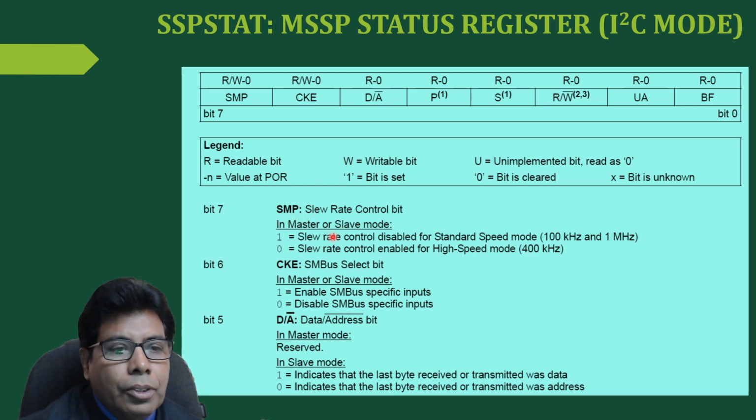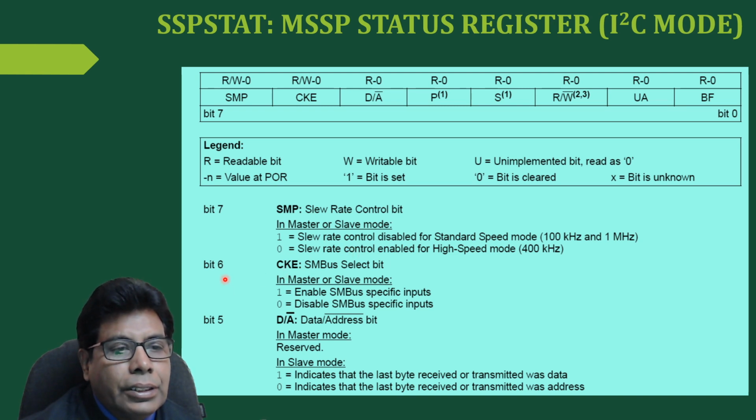So in both the modes, master or slave mode, 1 means the slew rate control is disabled for the standard speed mode, that is 100 kilohertz and 1 megahertz. These are the standard speed modes. Whereas if it is 0, then slew rate control is enabled for high speed mode. So that is 400 kilohertz. So the slew rate control bit will control the slew rate.